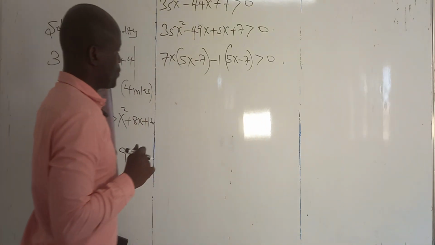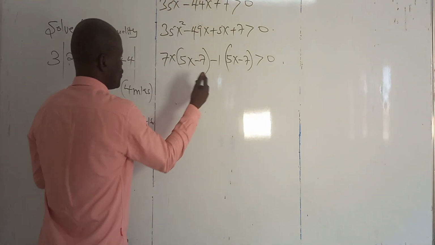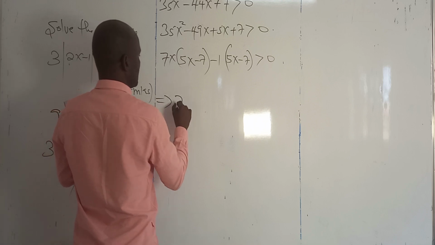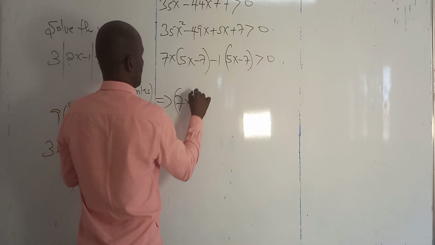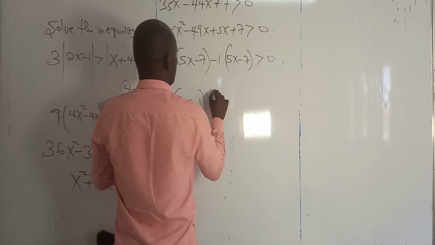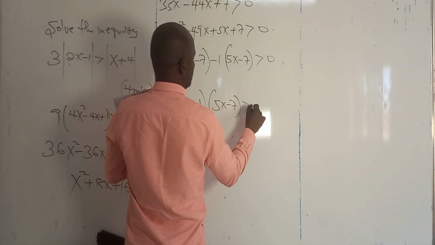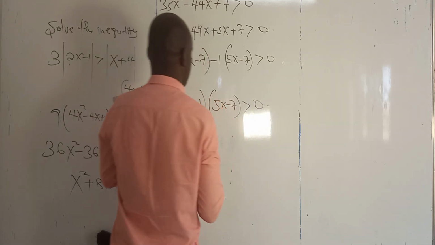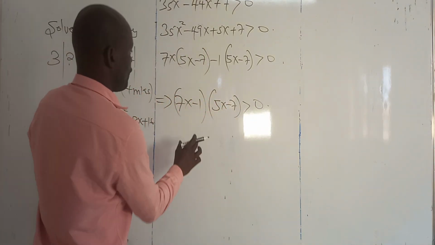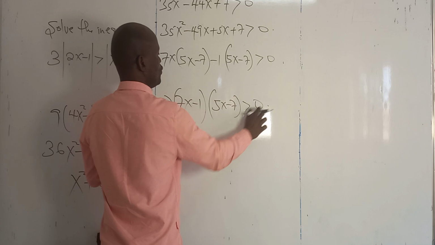And this then implies that 7x minus 1 into 5x minus 7 is greater than 0. So it means that the whole function should be greater than 0.